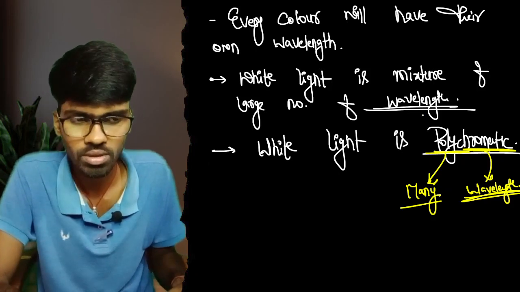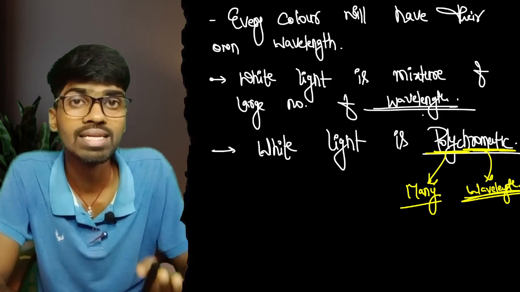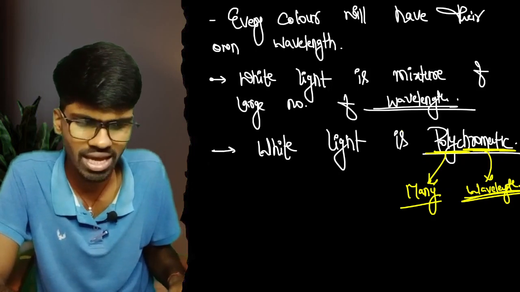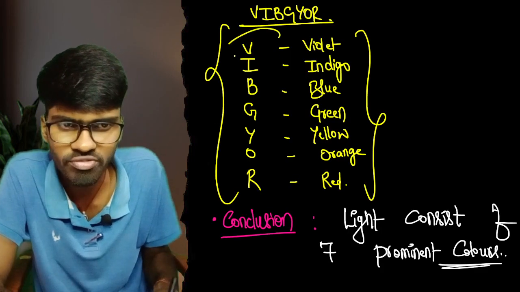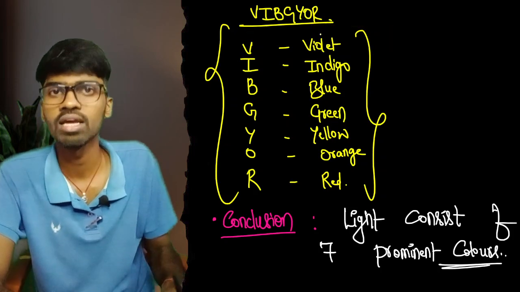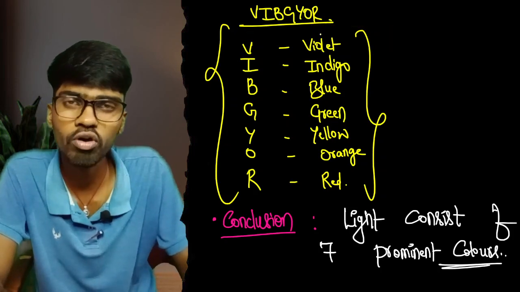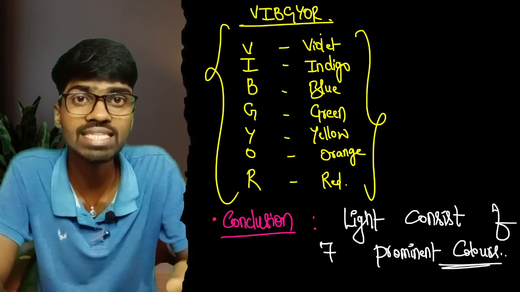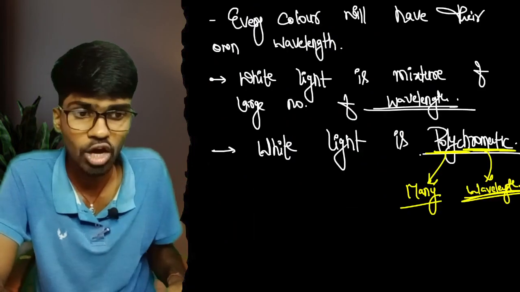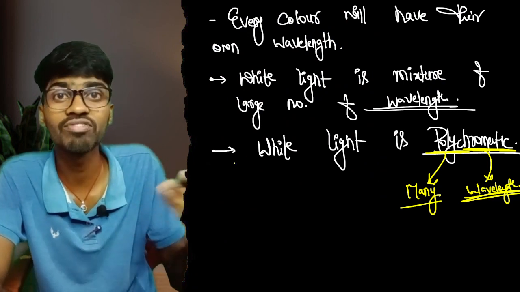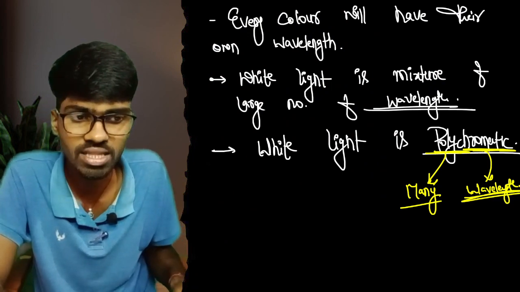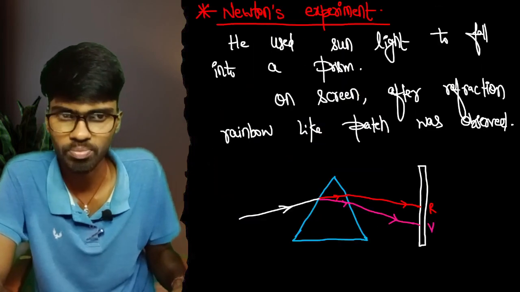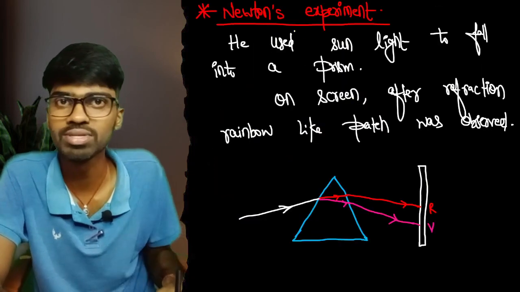Monochromatic light means light which has only one type of wavelength. If you consider only violet light, it consists of only one type of wavelength, so we can say that violet light is a monochromatic light. However, white light consists of several types of wavelengths, so we can say that white light is polychromatic. So this was Newton's experiment.